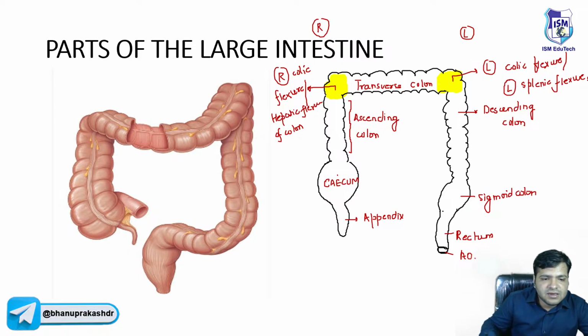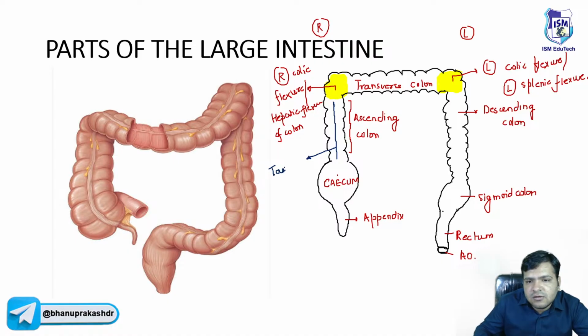You can see a single line over here. Before that, remember that we have taenia coli present right over here along the entire intestinal part. I will be discussing this, no need to worry.